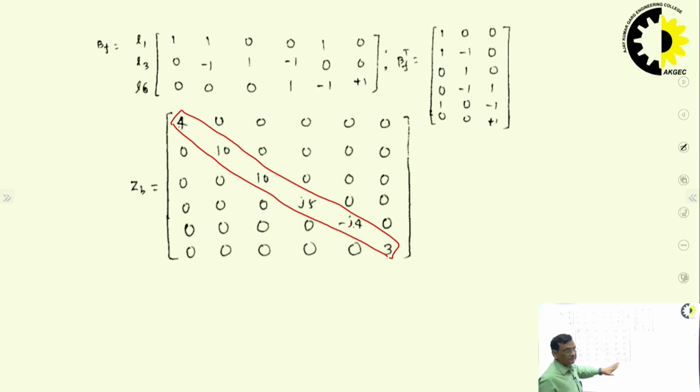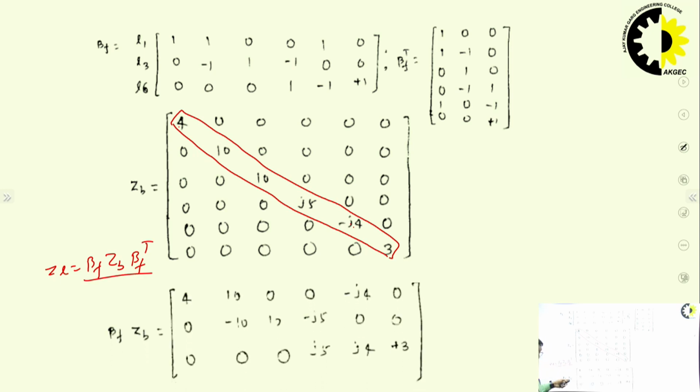You can refer to the network. So this is the ZB. Now what you have to do, just write ZL is equal to, we have obtained this matrix, now ZB and BF transpose. So carry out the multiplication. So, BF ZB, multiplying this matrix and this matrix we get this one. Now again multiply with this.